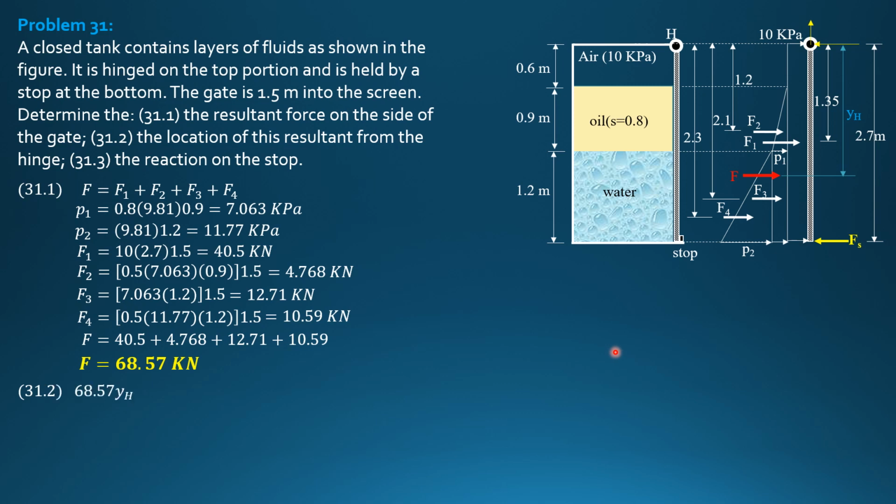So 68.57 times YH equals F1, 40.5, distance of F1 from the top is 1.35, plus F2, 4.768, its distance from the top is 1.2, plus F3, 12.71, its distance from the top is 2.1, and finally plus F4, 10.59, distance from the hinge is 2.3.